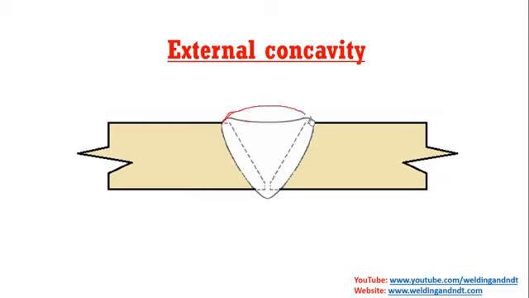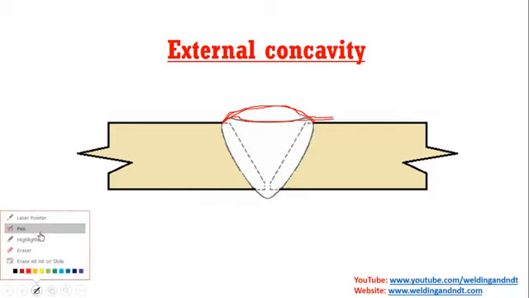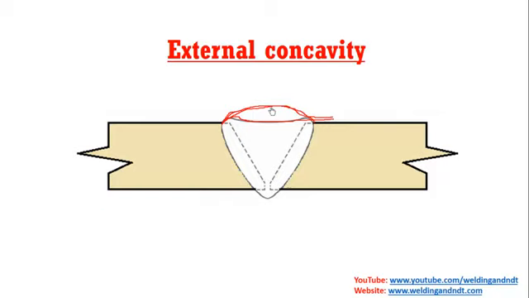See, a normal welding will look like this. It will be above the parent metal and the shape will sometimes be curved like this. But when it becomes concave in shape, then it will be called external concavity. If the welding has become concave in shape, that will be called external concavity.